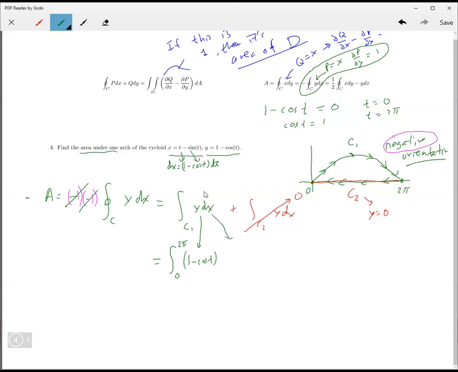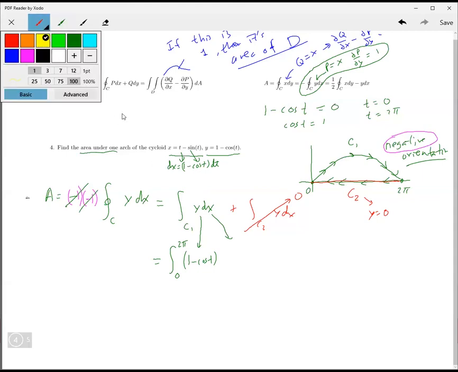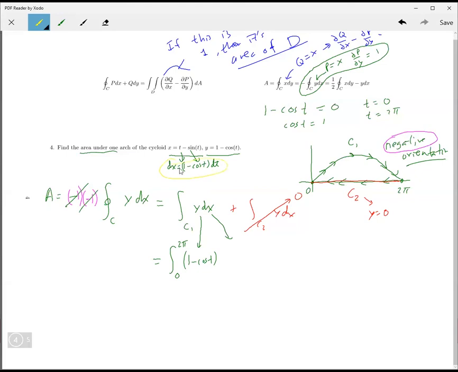And then that's going to go down into here. So the integral from 0 to 2 pi, we expand all that out, you get 1 minus 2 cosine t plus cosine squared t.